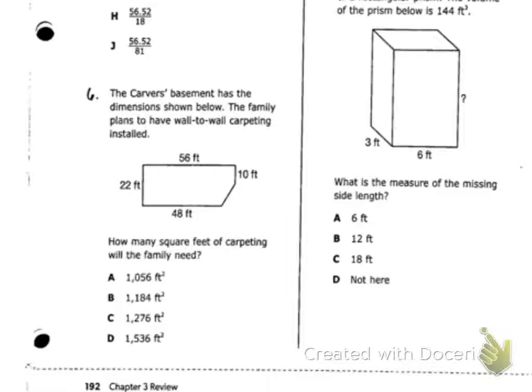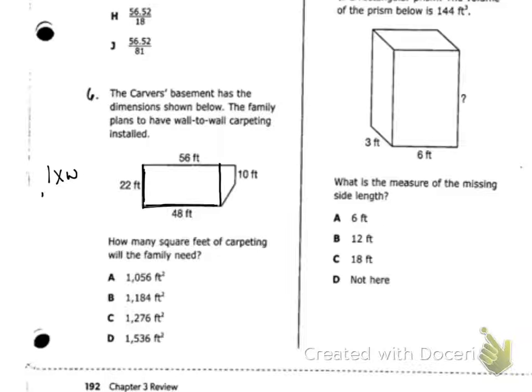All right, so the easiest thing that I see is to put a line right here. All right, so what I have is a rectangle, then I have a trapezoid. So for the rectangle portion, I know rectangles are length times the width. So this is going to be my width, my length.